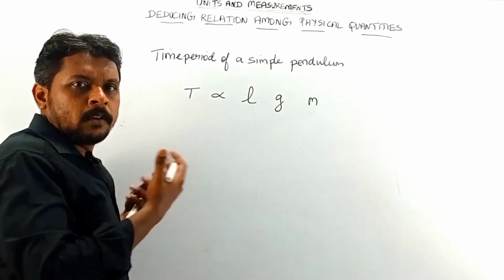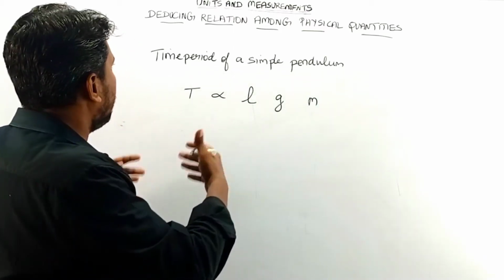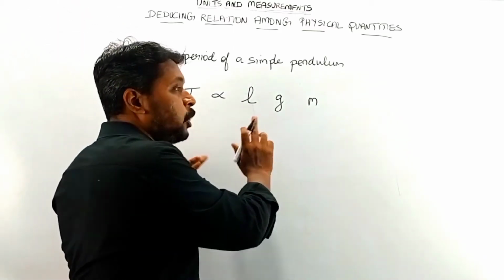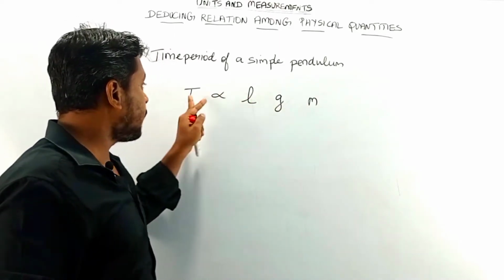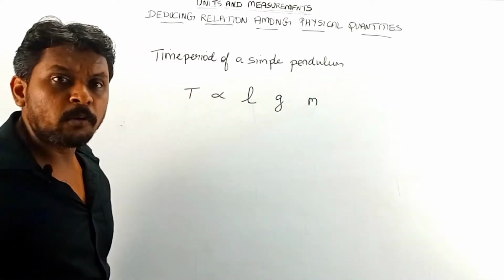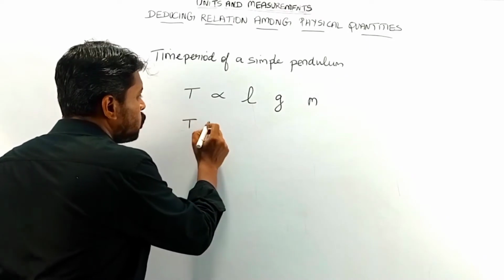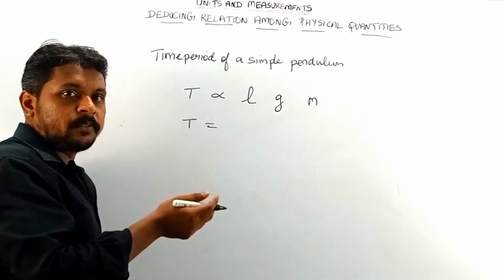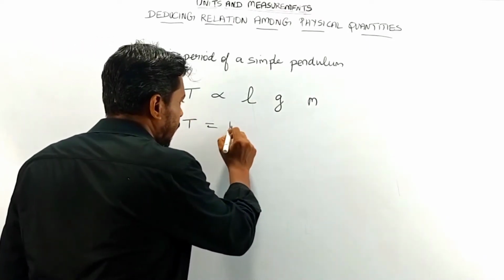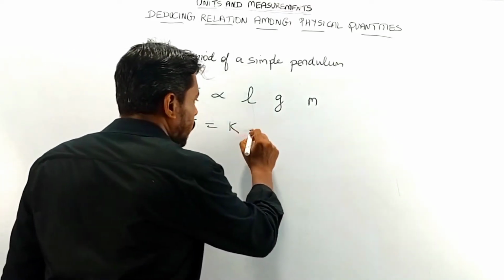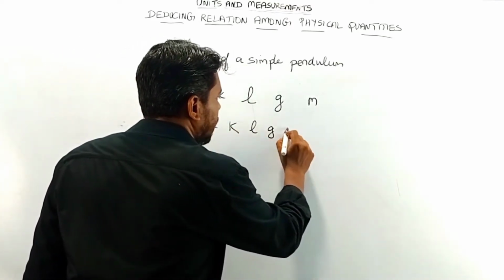My aim is to find the relationship between these terms and the time period. To remove this proportionality, I am introducing a constant, which is called a dimensionless constant K. So T is proportional to L, g and m.